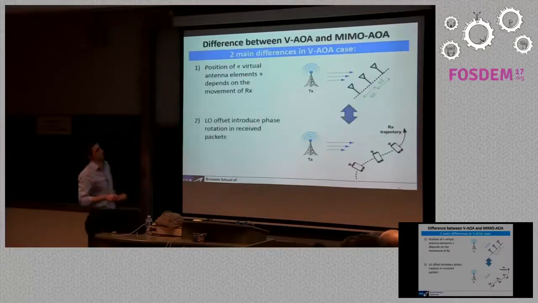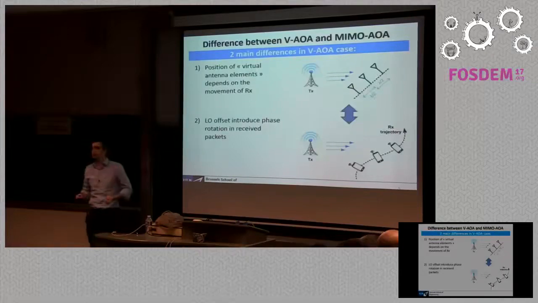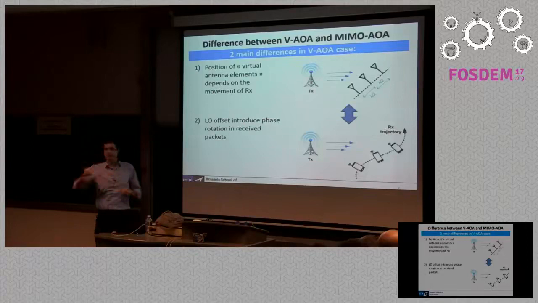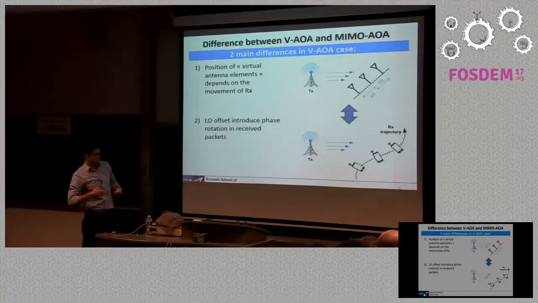The second problem is that you have frequency offset. In a regular MIMO array, you don't have any frequency offset between the signals received at the different antennas, because they all use the same local oscillator. In this case, because you're receiving a signal at different time instants, the frequency offset between your transmitter and your receiver causes the signal to have additional phase each time you receive a new packet.